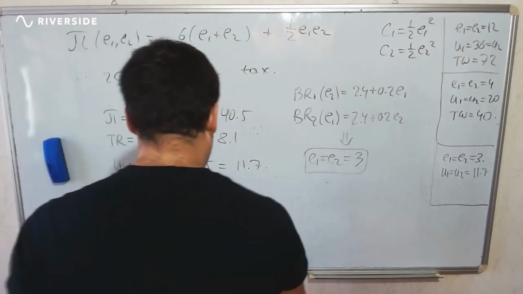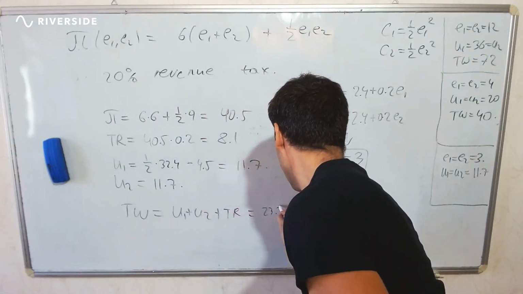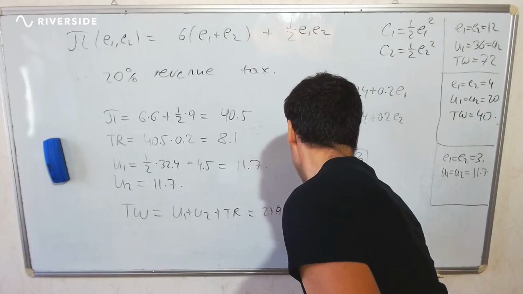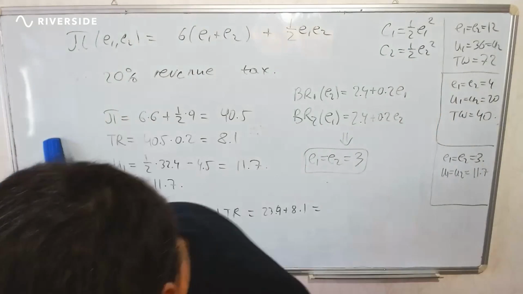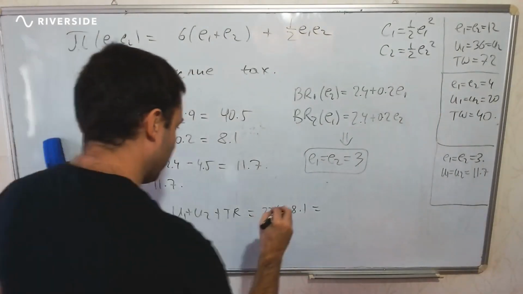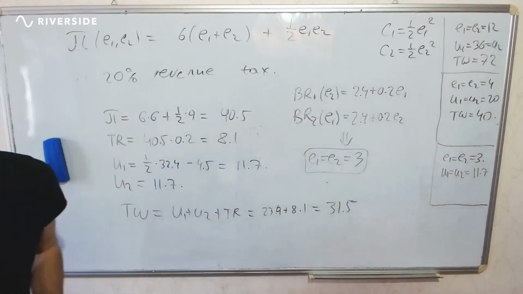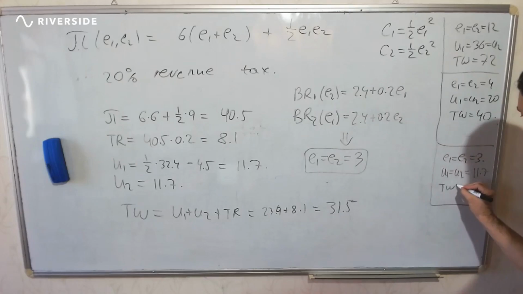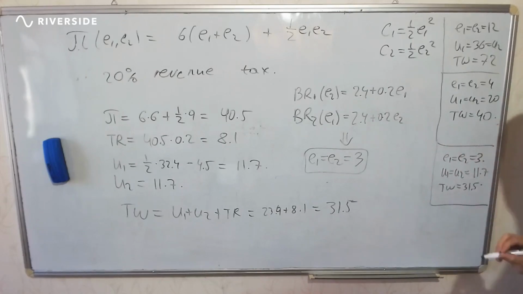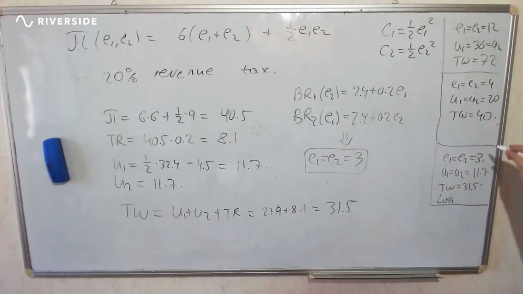And for the total of 23.4 plus 8.1 must be 31.5. Okay. And we can compare, so total welfare here is 31.5.